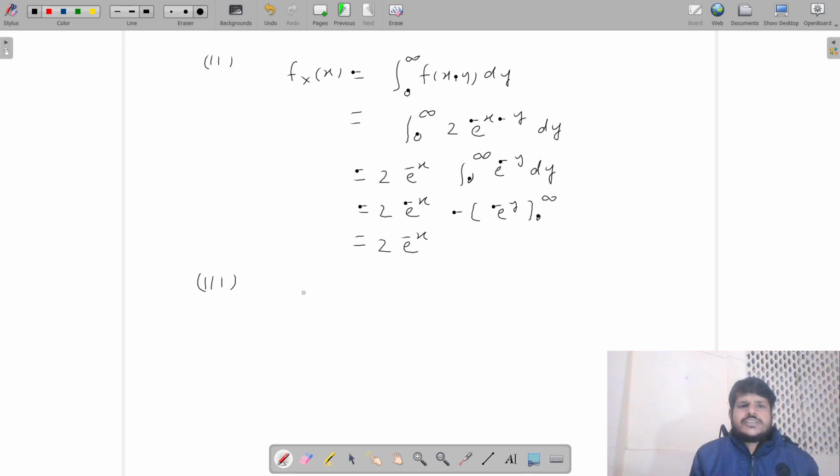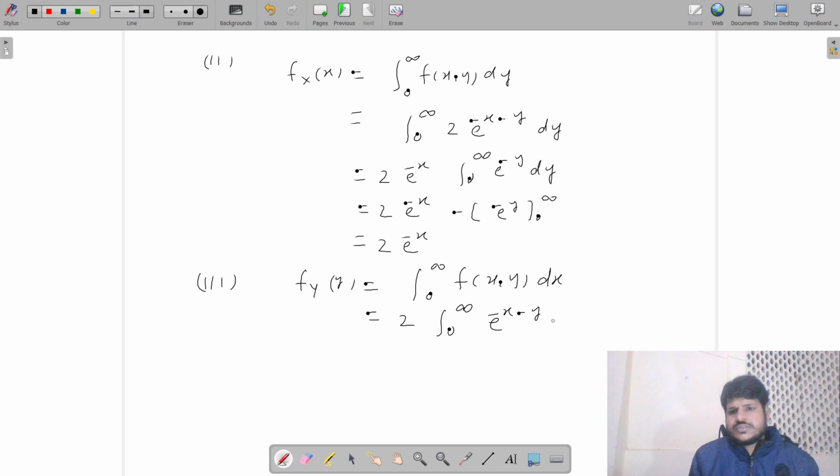Now in the third one, this fy of y, again you have to put the limit of x, which is lying from again 0 to infinite, f of x comma y, and this will be dx. So you can write here 2 times integration 0 to infinite e raised to power minus x e to power minus y, and this is dx.